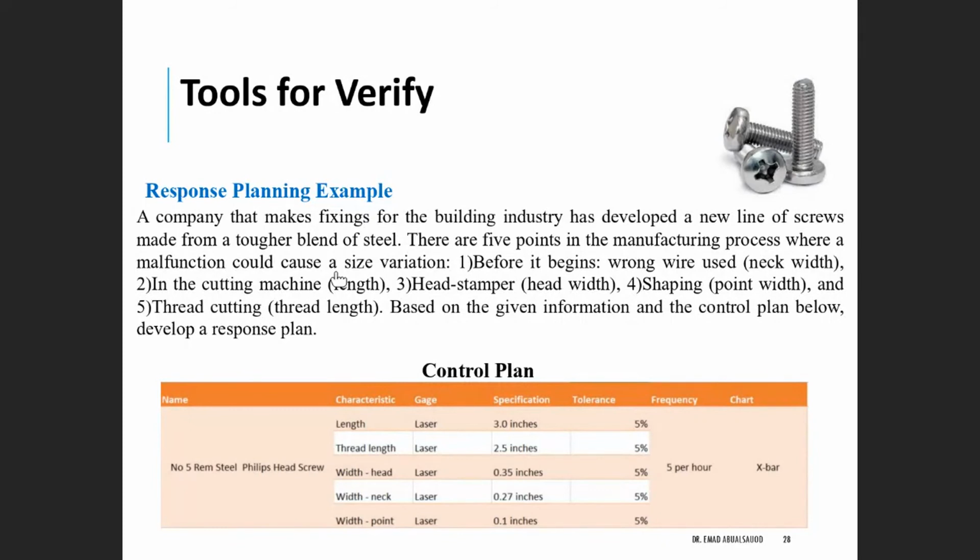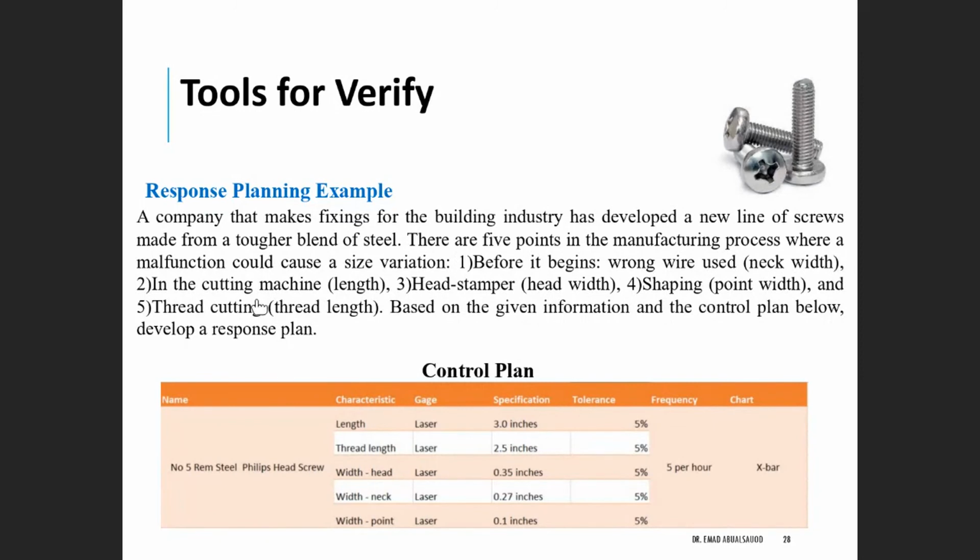So we have 5 steps or phases where the variation could come from any one of them. And those phases, they record them. Before it begins, the wrong wire, they call it the neck width.